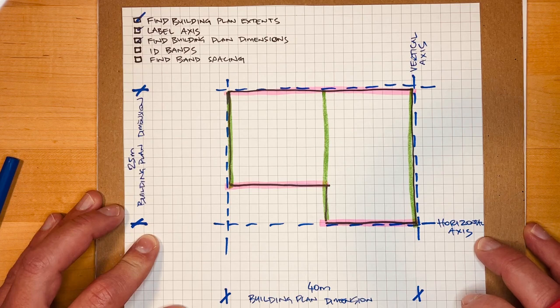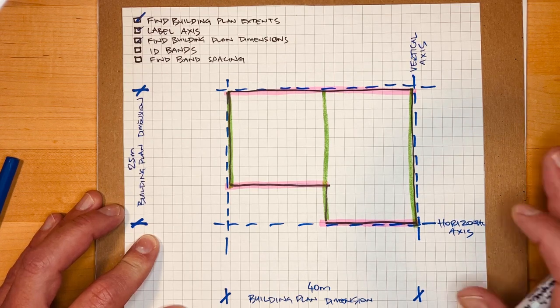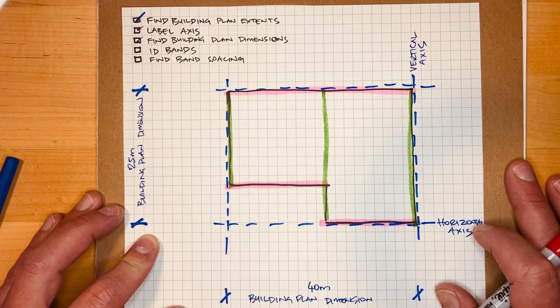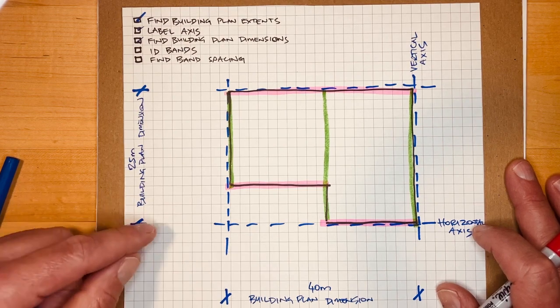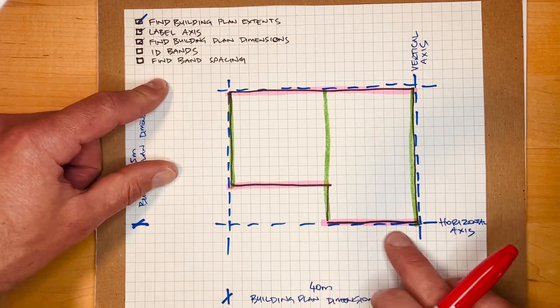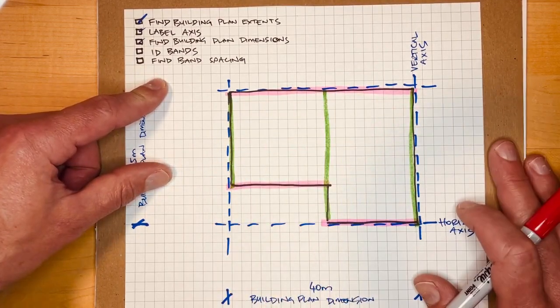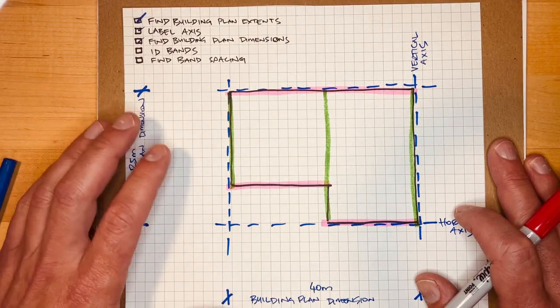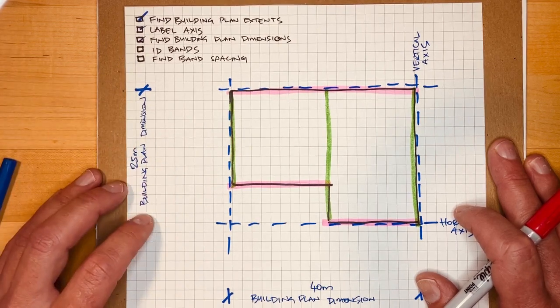So that's your 1, 2, 3s, all the way up to 10. Similarly, all the bands that are labeled along the vertical axis, so the bands running horizontally, are going to be labeled A, B, C, D, all the way up to J.